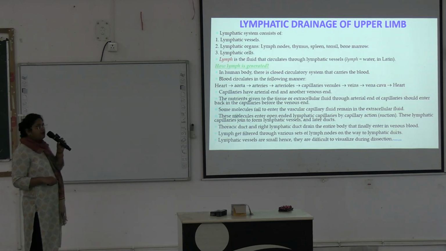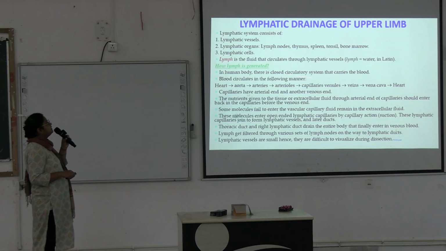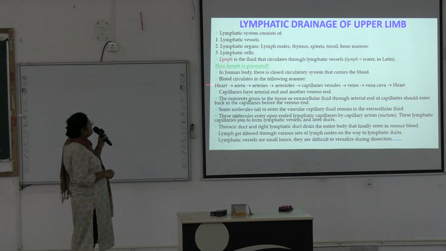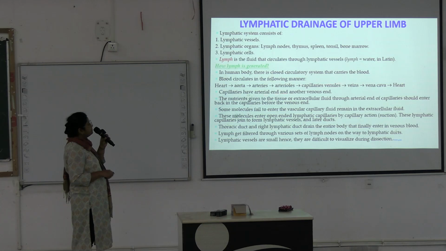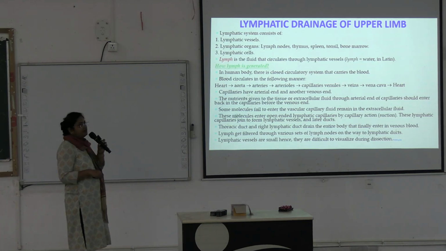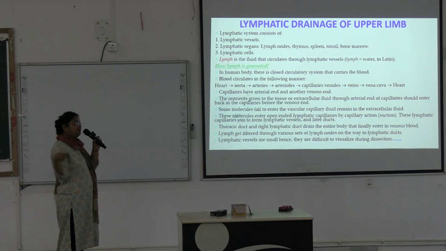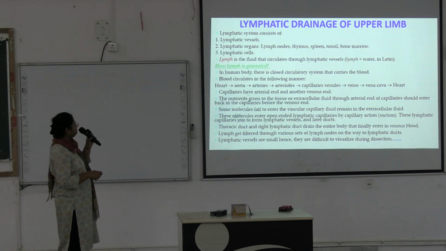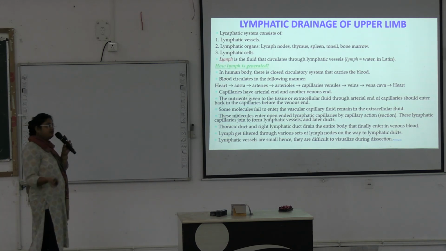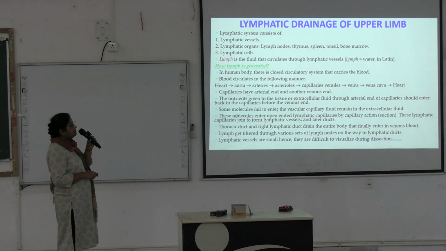How is lymph formed or generated in the human body? There is a closed circulatory system that carries the blood. First it goes from the heart to the aorta: ascending aorta, arch of aorta, descending aorta, going to different parts of the body. From the aorta it goes to different arteries, then branches of arteries, arterioles and the capillaries.